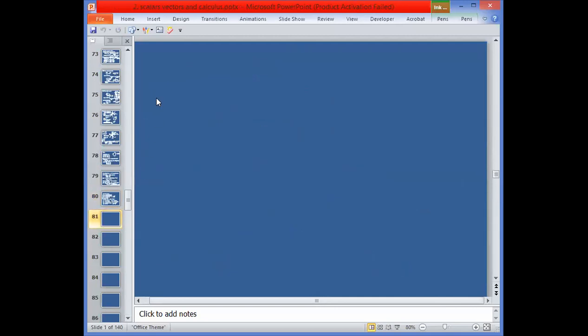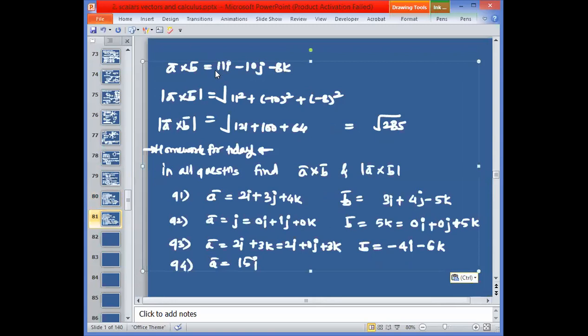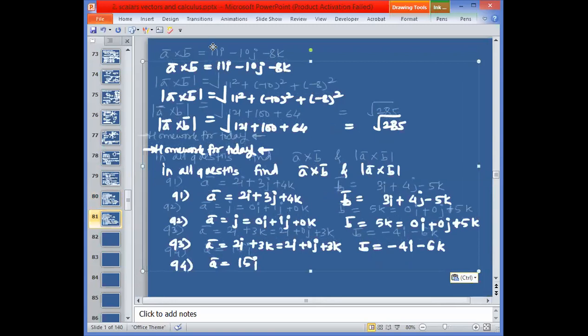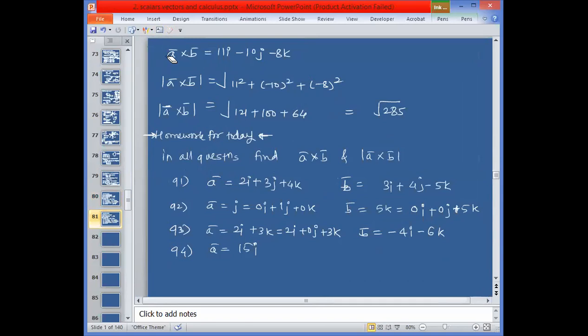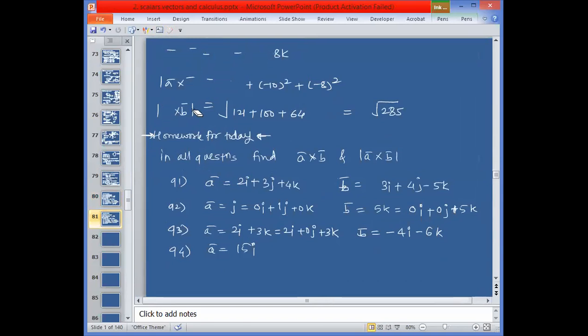Let me paste them here. काही examples होते ना काल दिलेले homework मधले. Let us try solving those examples. तुम्ही try केलेला असेलच. Let us try together.